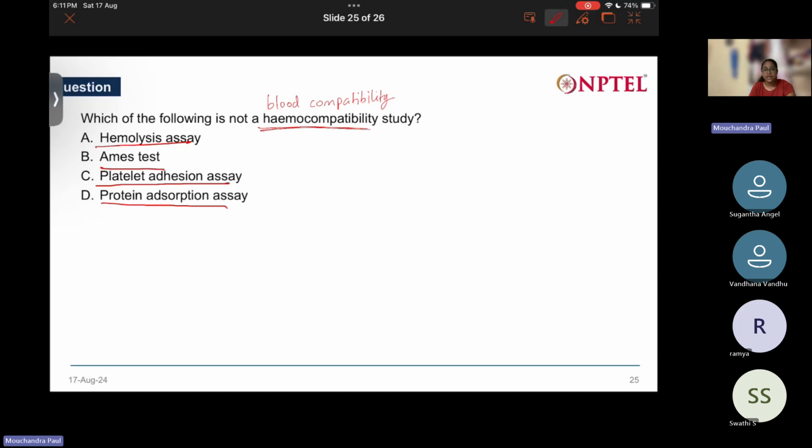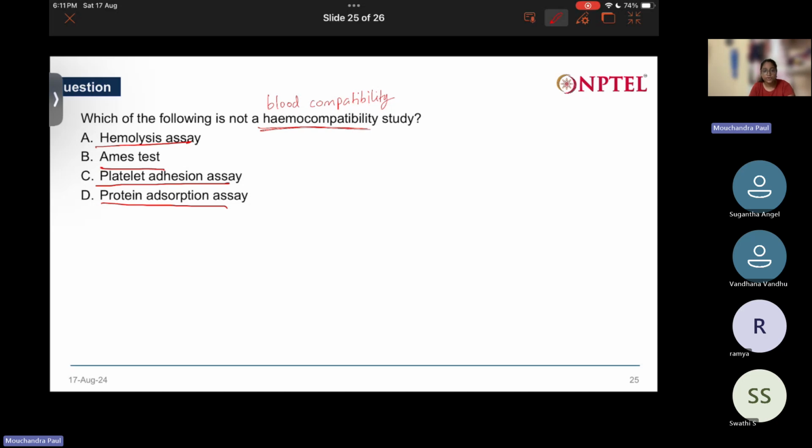Then Ames test, I already told you, helps us quantify the mutagenicity of our material, whether it can cause mutational changes in the mammalian cells that are going to be grown or cultured on this material. Then platelet adhesion assay. Here we're talking about the platelets in the blood and whether or not these platelets can adhere on the surface of the material.